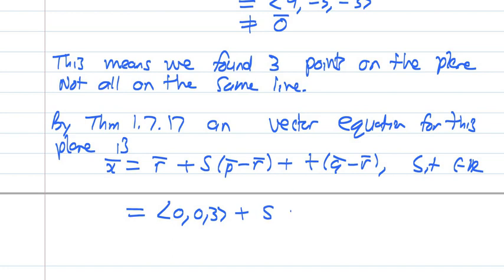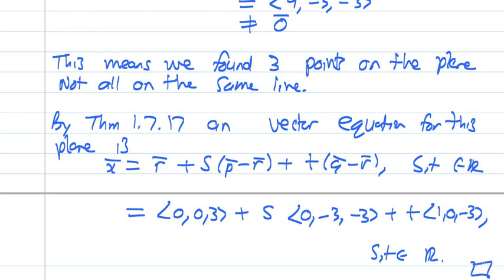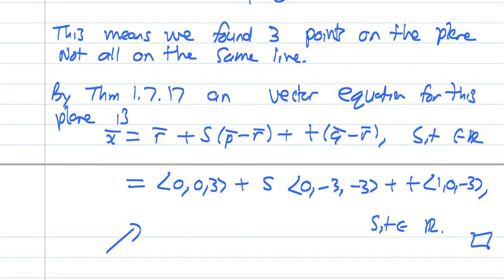S is just the parameter. P minus R we worked out is the vector 0, minus 3, minus 3. And Q minus R is the vector 1, 0, minus 3, where s and t, emphasize that, are real numbers.